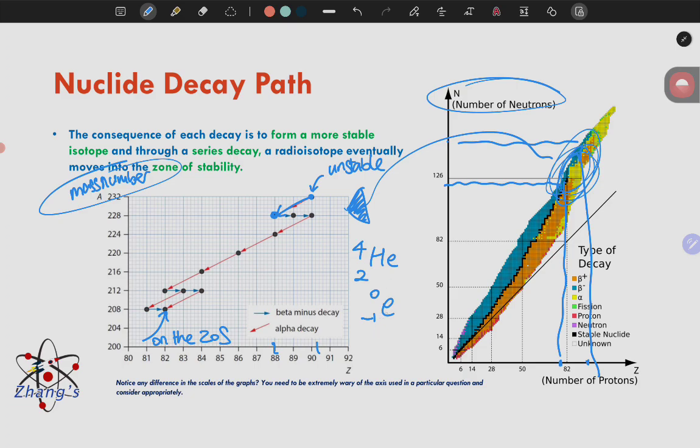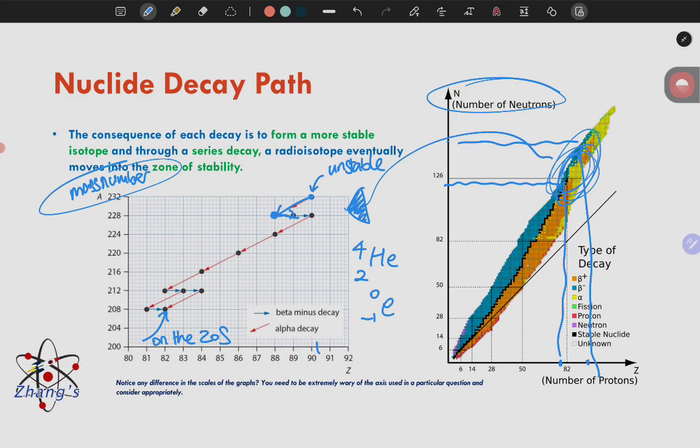So your atomic number, if you're losing -1, that means you're gaining 1, right? So minus 1 is +1, which is why your beta minus decay moves in the positive direction. But notice that it only moves 1 square from 88 to 89, right? And no mass number change because obviously the mass of electron is approximately 0. And so there is no vertical movement, only horizontal movement. So that's if this is a mass number versus atomic number graph.